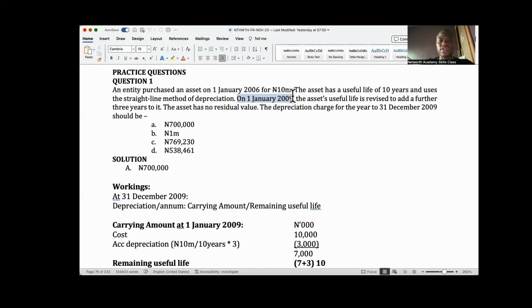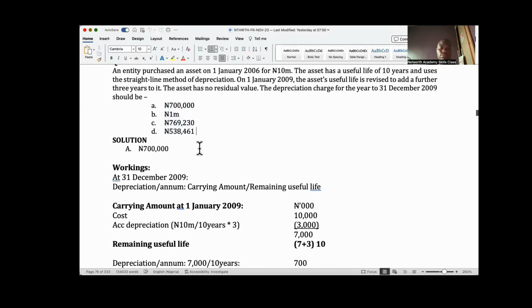On 4th January 2009, the asset's useful life is revalued to add a further 3 years to it. The asset has no residual value. The depreciation charge for the year ended 31st December 2009 should be, so they give us some options.